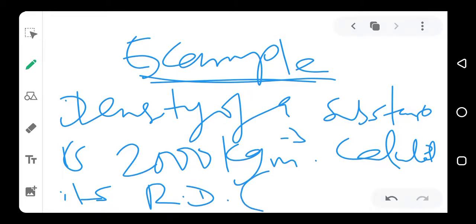In brackets, they may give us that the density of water will be given, that the density of water is equal to 1000 kilogram per meter cube.